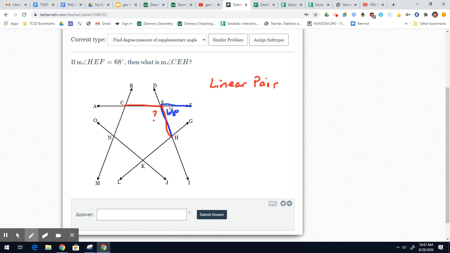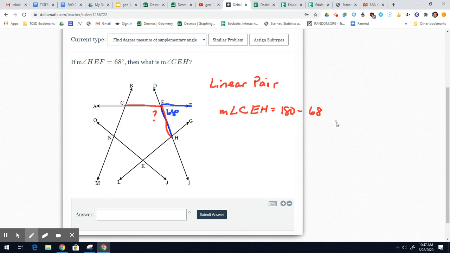So if I know one of them, I can subtract from 180 to find the measure of angle CEH. I can take 180 and subtract 68, and that answer is going to be my angle measure.